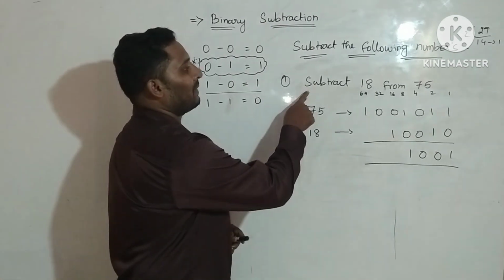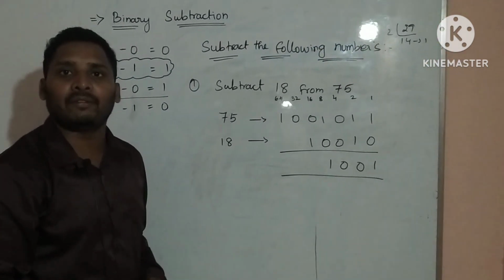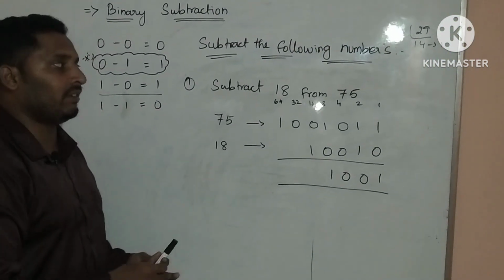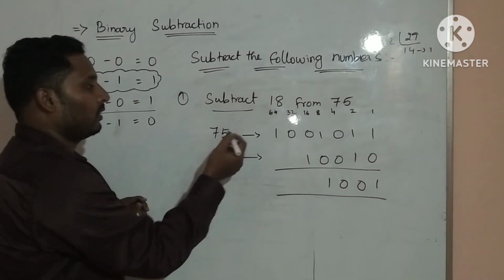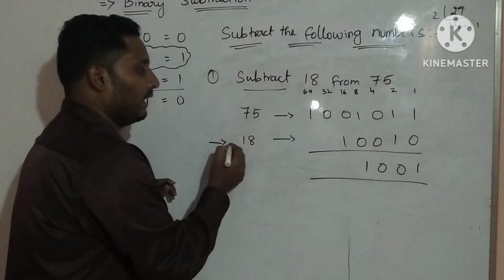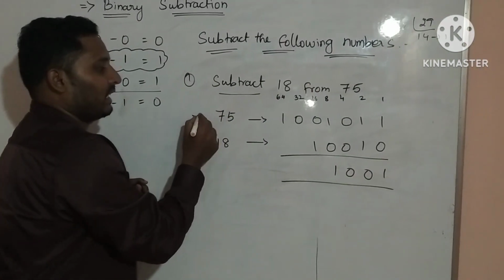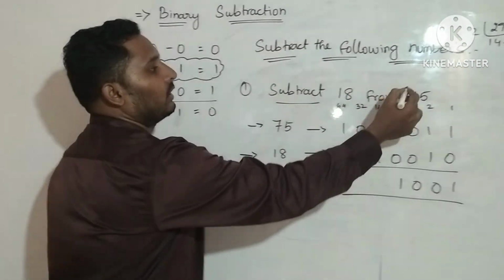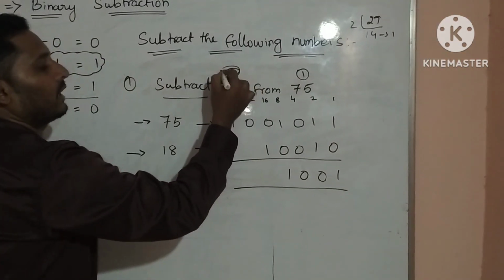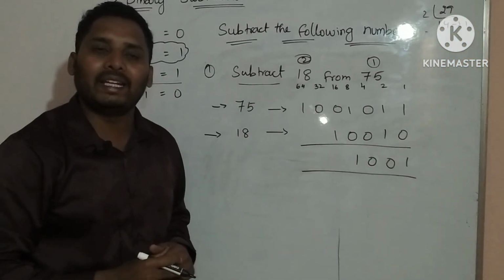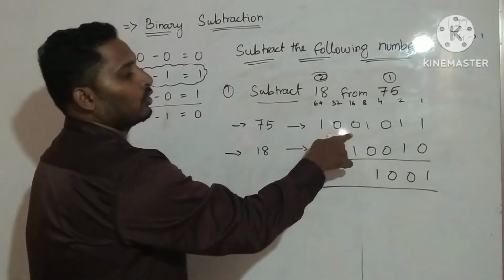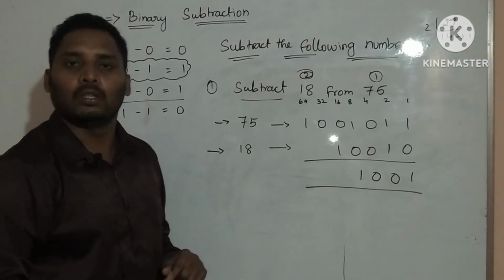Now, subtract 18 from 75. Whenever we subtract, the one being subtracted they call the subtrahend, and this one they call the minuend. So this is our first, this is our second. So please write it here. 75, if we convert it to a binary number, we get 1001011.